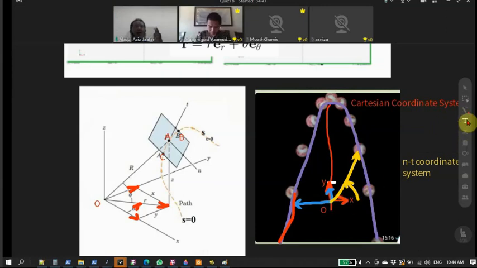Let's say this one, so the radius, maybe that will be the radius, right? The origin will be somewhere here. So they're not sharing the same origin as the Cartesian coordinate system. So position vector should be from the origin of the case, right?